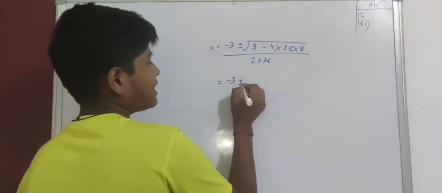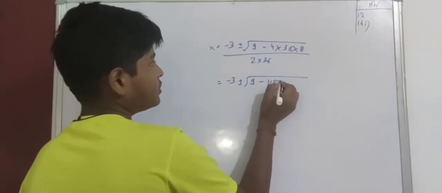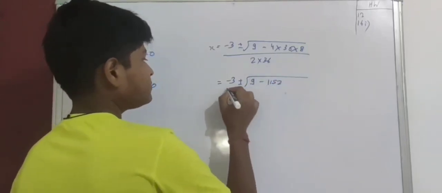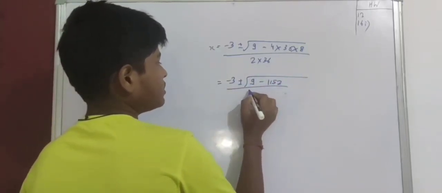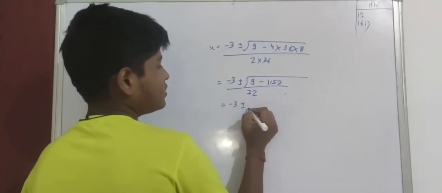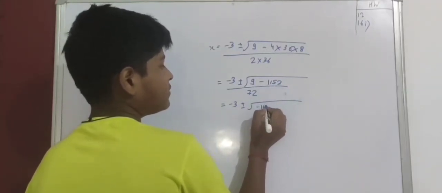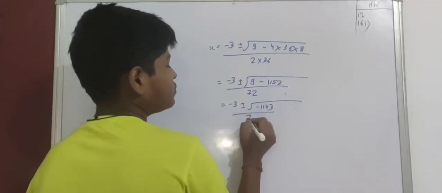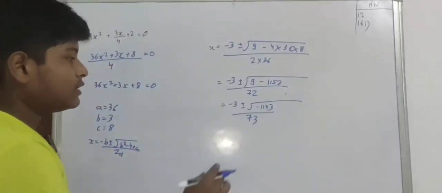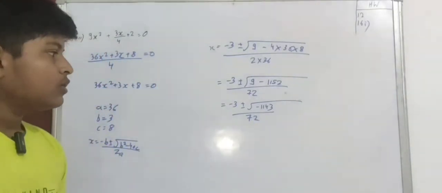Now solving it further, minus 3 plus minus under root 9 minus 1152, divided by 2 into 36, that is 72. Now solving further, minus 3 plus minus under root of minus 1143 divided by 72.